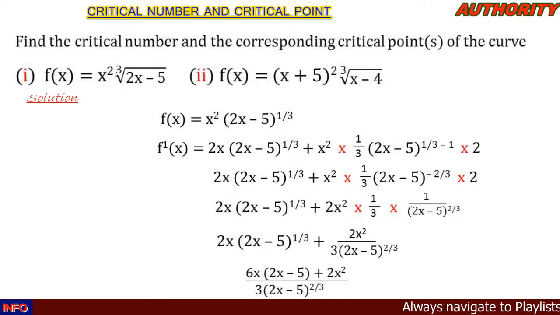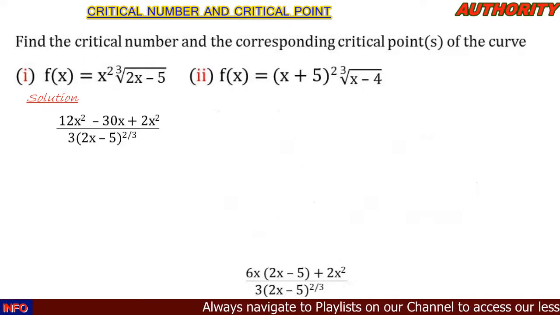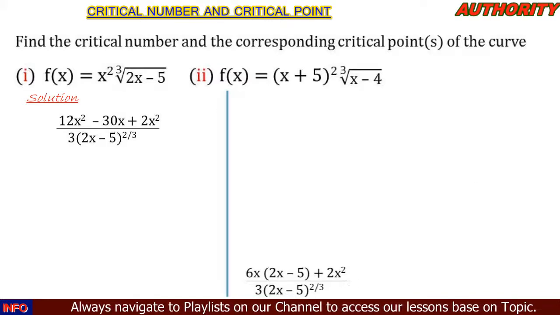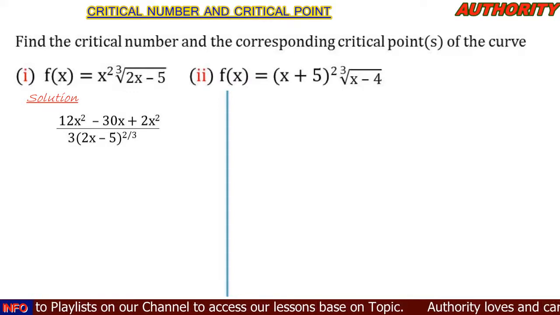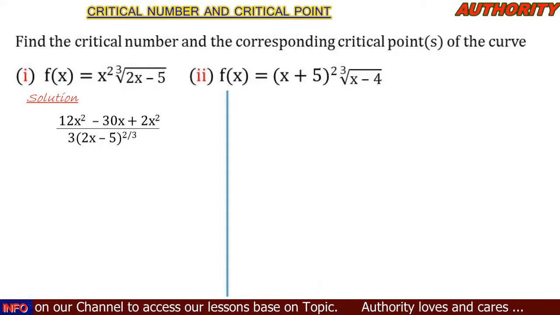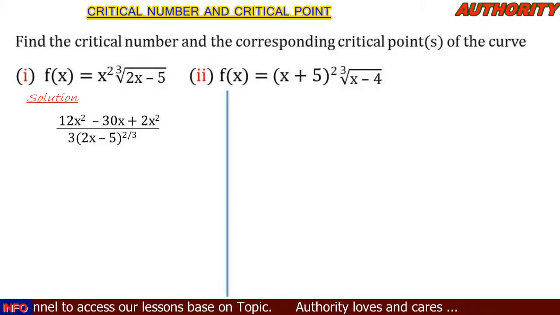Now let's use this 6x to open this bracket. 6x times 2x is going to give us 12x squared. Then 6x times minus 5 is going to give us minus 30x. Then we have plus 2x squared. So here we have 12x squared minus 30x plus 2x squared.